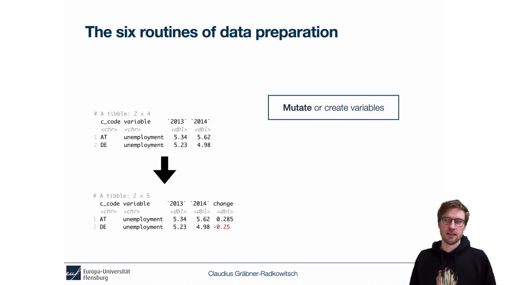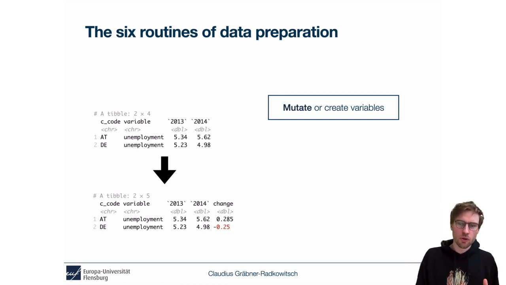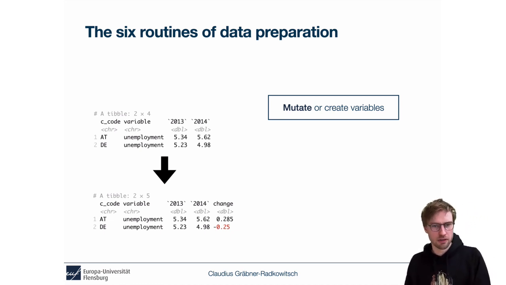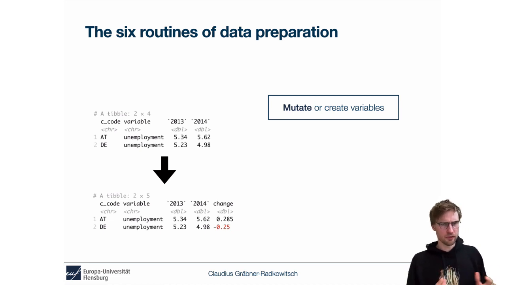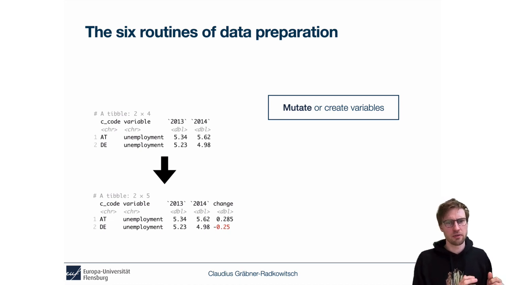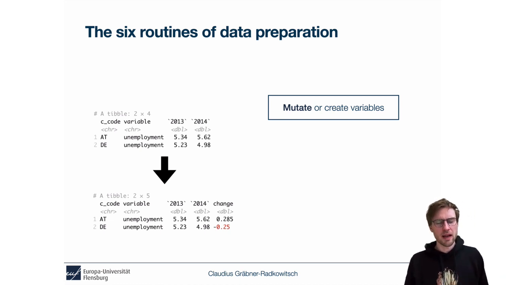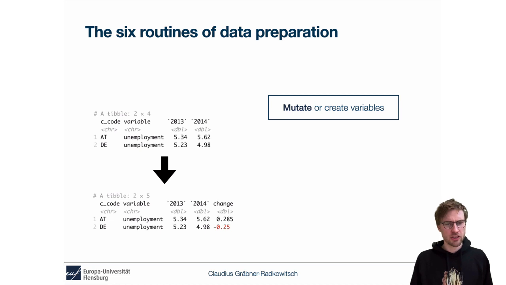The next routine is called mutating, and that refers to changing existing variables or to adding new variables. The underlying functions are the same. So in this case here, in the upper data set, we have information about unemployment in the year 2013, 2014. We might want to have a new variable called change that actually corresponds to the difference between the value for 2013 and 2014.